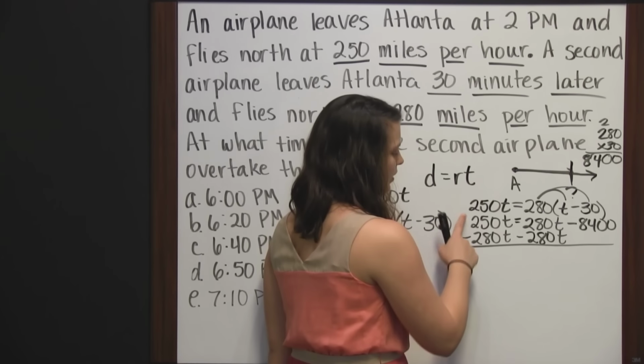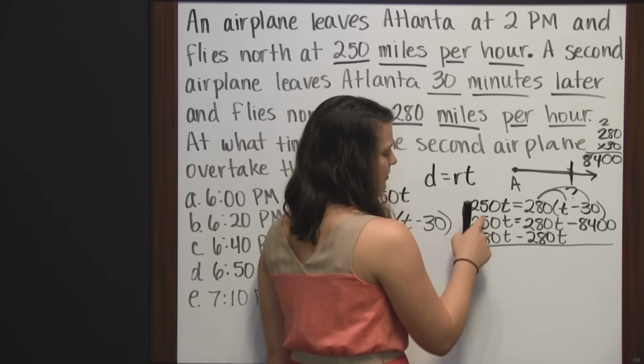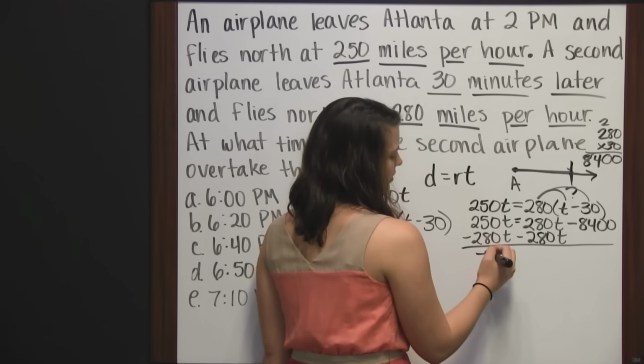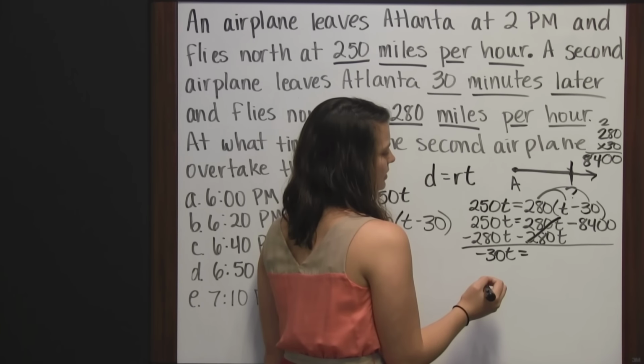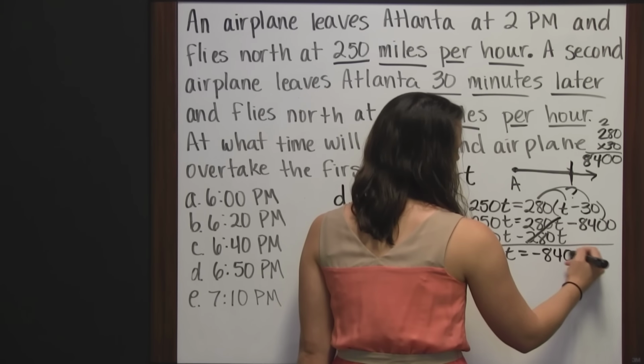I'm taking away more than I have, so I'm going to end up with a negative. And the difference between 280t and 250t is 30t. So negative 30t equals, and by subtracting this 280t, I've actually canceled that term on the right side. And I'm left with negative 8,400.